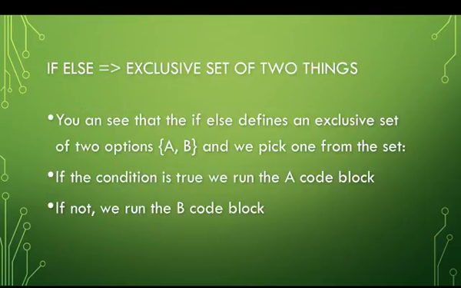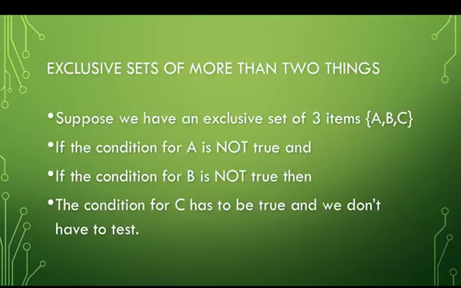All right? Now, let's consider where we have more than two options. If we have an exclusive set of three items, A, B, and C, again, the deal here is that one has to be true. So if A is not true and B is not true, then we don't have to test for C. We know that C is true, and we don't have to test because we've excluded the other members of the set.